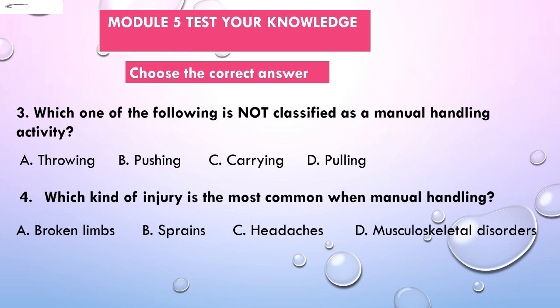Right, number 4, which kind of injury is the most common when manual handling? Broken limbs, sprains, headaches, musculoskeletal disorders. Depending on how you pronounce this word, musculoskeletal disorders. Right, so make sure you choose the correct answer. Okay, well done. Let's continue.